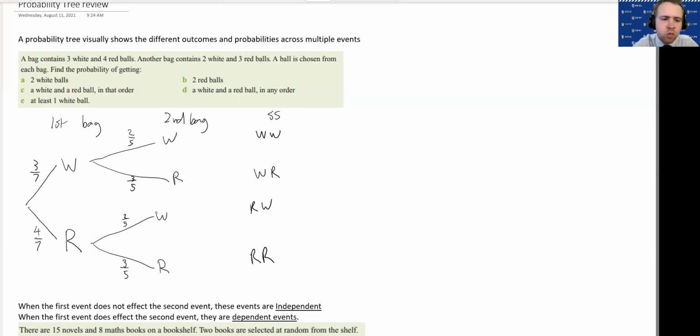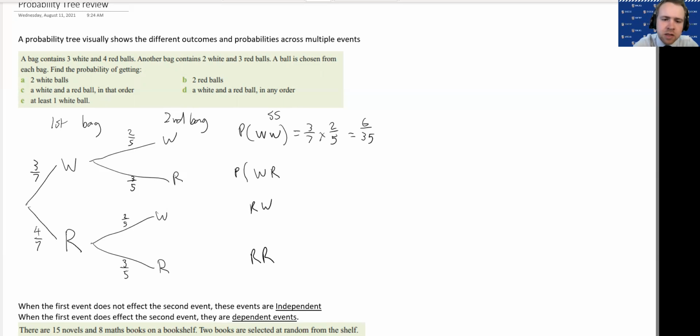So for 2 whites, the probability of getting 2 whites is going to be 3/7 times 2/5, which gives us 6 out of 35. You can use a calculator for that when needed.